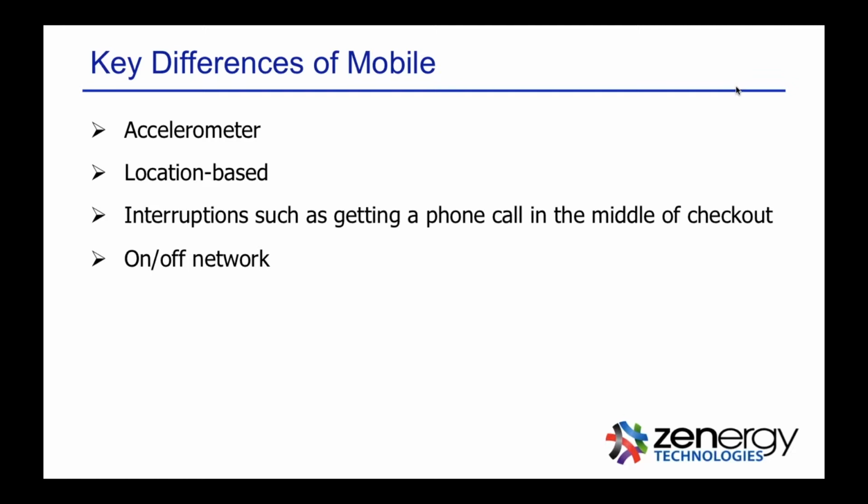Of course, location-based. Location-based is it knows where your device is. And this is actually a really important feature in a lot of the apps that are out there. So for example, if I have an e-commerce app and I send out a daily special, it uses the location to know exactly where the user or the potential customer is.